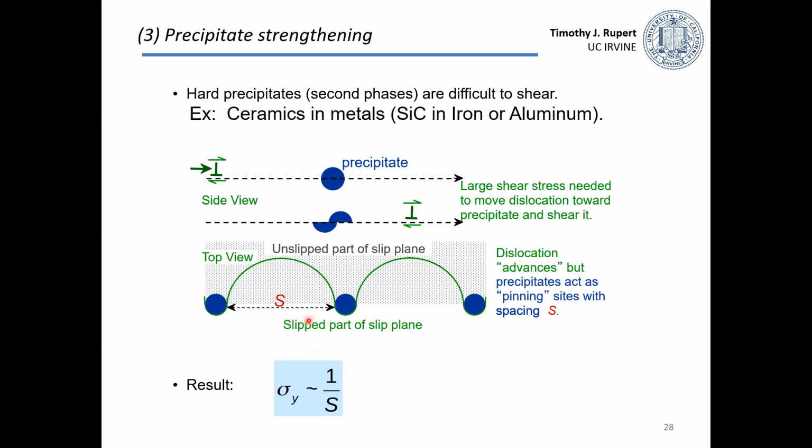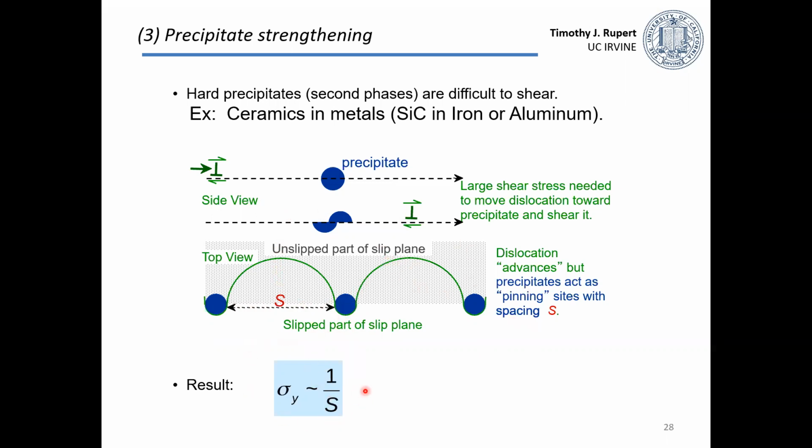There is another option. If the dislocation can't cut through that precipitate, which usually happens when it has a different crystal structure, it can bow around. So the dislocation gets stuck near that precipitate, but the part of the line that's away from that particle can keep moving out. And eventually this can shift and advance past that precipitate.